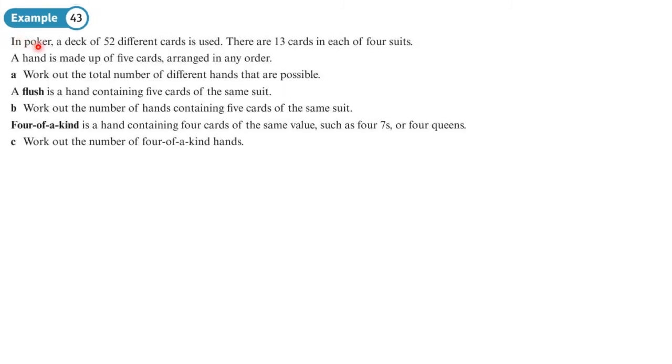Okay, so in a poker deck, a deck of 52 cards is used. There are 13 cards in each of 4 suits, so that's hearts, diamonds, etc. If you know about cards, I don't think that's really important in the question.